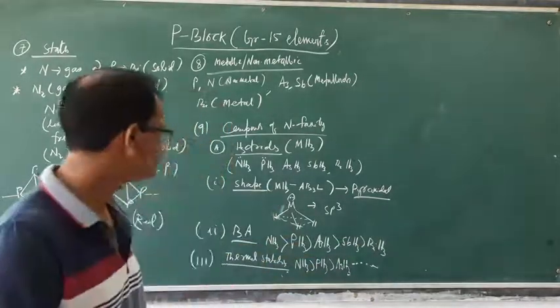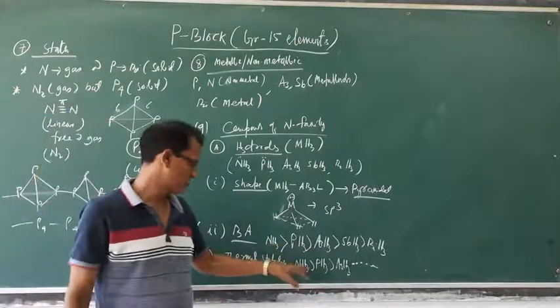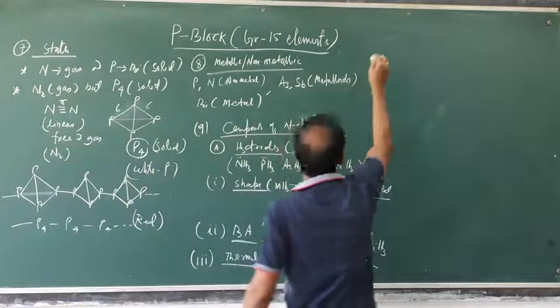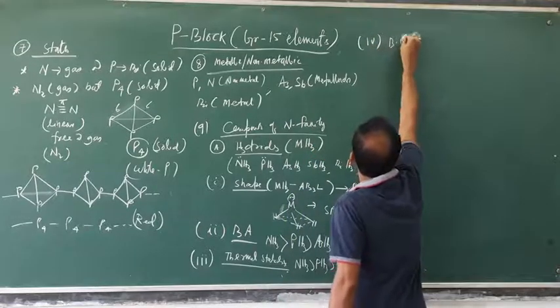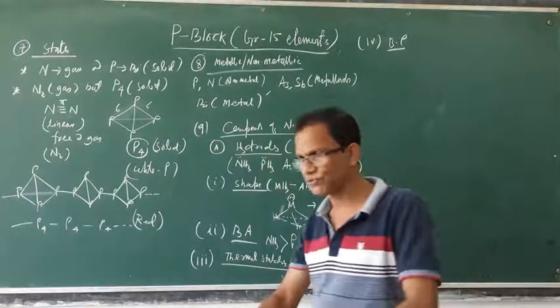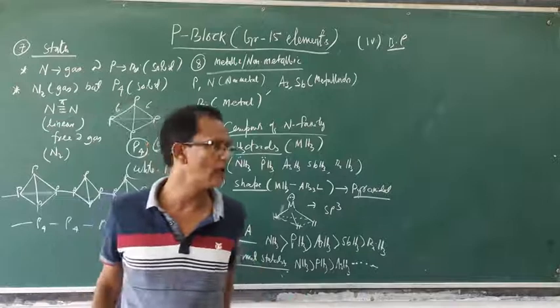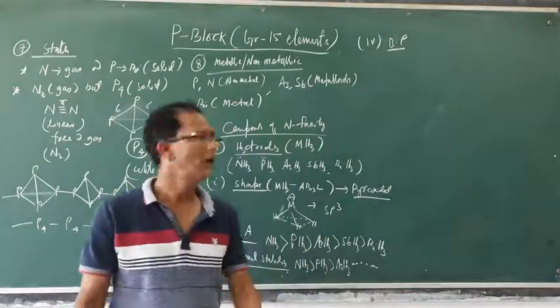That's why the stability decreases. Then boiling point. Boiling point of hydrides: the boiling point of any substance depends upon the size of the molecule and also depends upon intermolecular force.